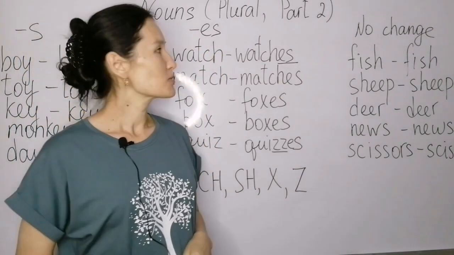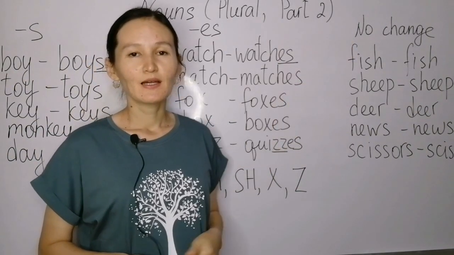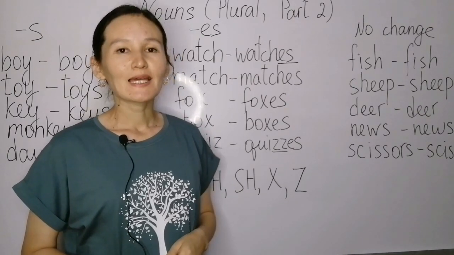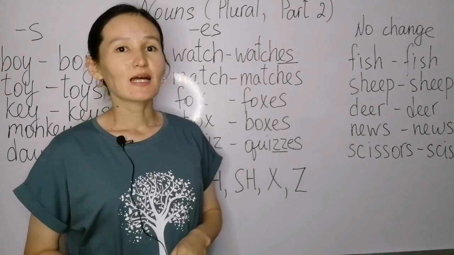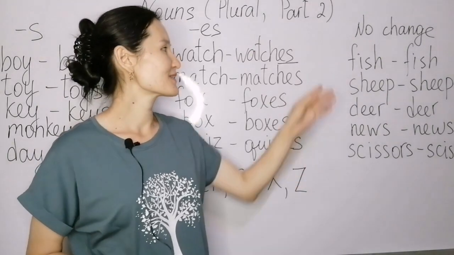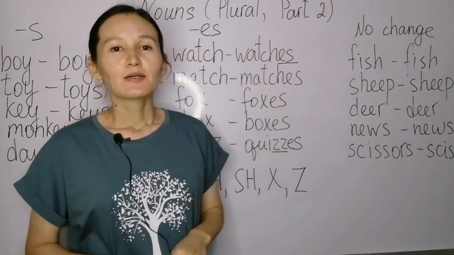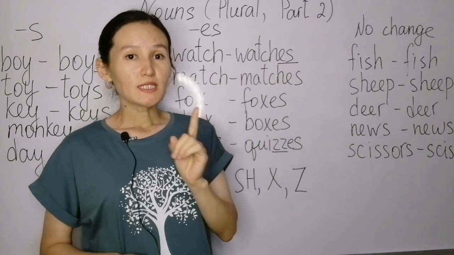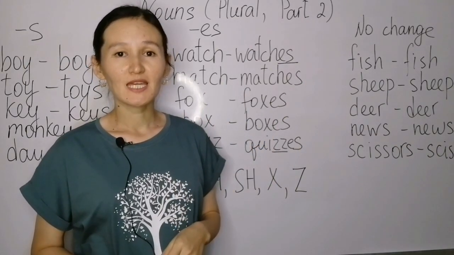And the last part is no change. How come we shouldn't change anything? Well, actually, there is a list of some words that are not going to change. And those are fish, fish. But remember, if there is only one type of fish and many of it, we say fish.